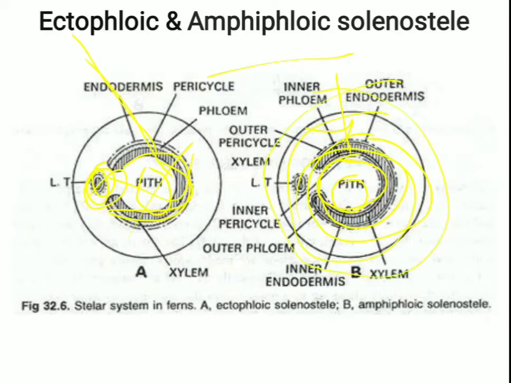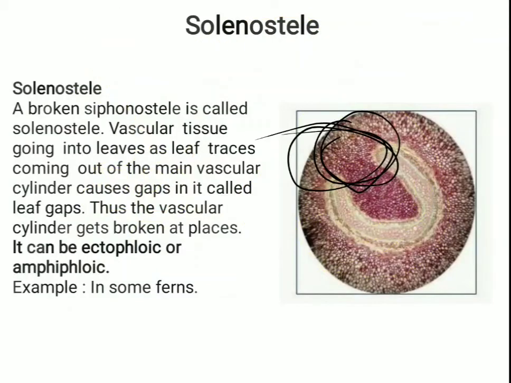But some portion is cut, and this type of structure is known as amphiphloic solenostele.